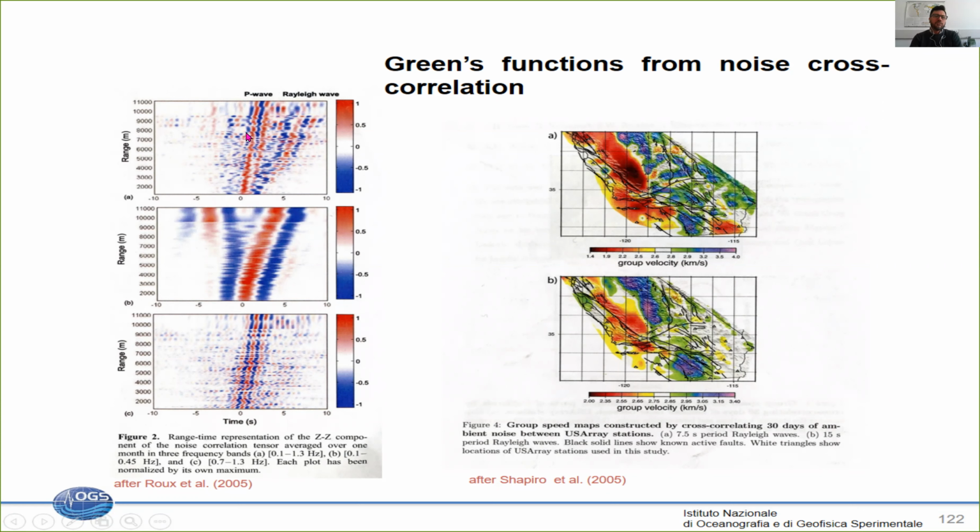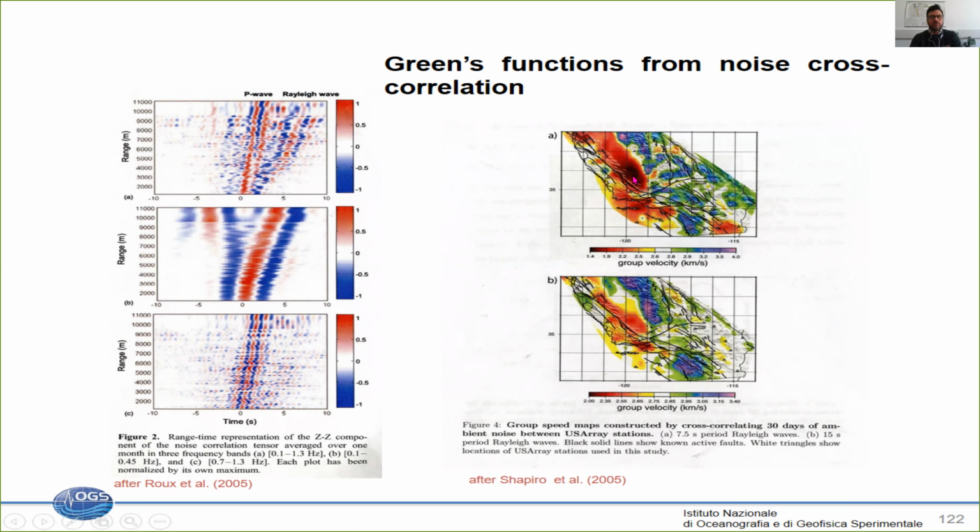Of course, like in every method, when you have images like this, you can measure the time and the distance at which the waves arrive. So you can measure their travel time, and you can use the travel time estimation like in any tomographic methods.